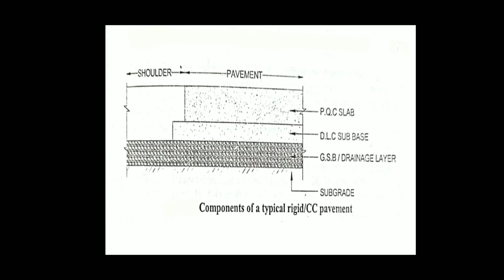Thus the CC pavement is supported by a prepared soil subgrade, subbase, and a base course.